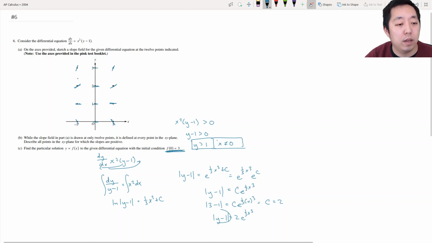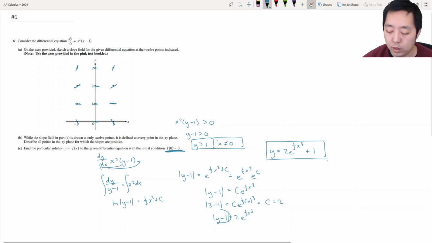And when I go to the left, I won't ever cross into the negative because this is the equilibrium solution. So you can actually get rid of the absolute value signs, because y is always going to be above 1. If I start out up here, my solutions will only converge towards 1. And so that means y is equal to 2e to the 1/3 x cubed plus 1. So just remove the absolute value signs.